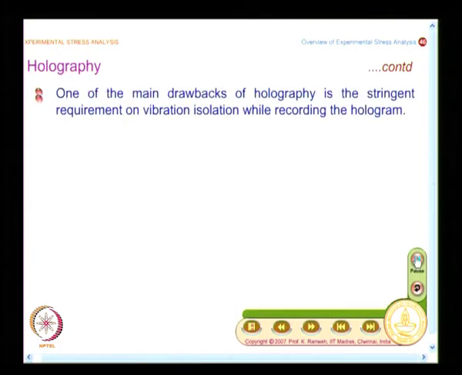And what is the restriction in holography? Holography demands vibration isolation. We will have to have a look at what is the optics that I use and why it dictates vibration isolation.